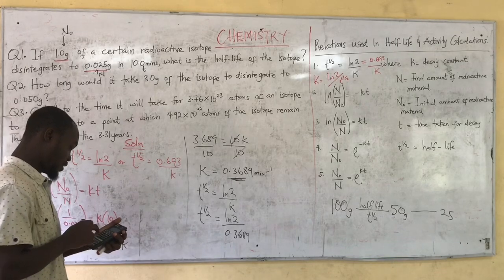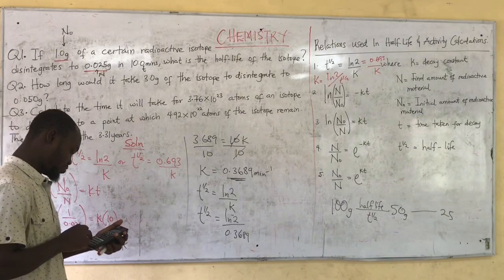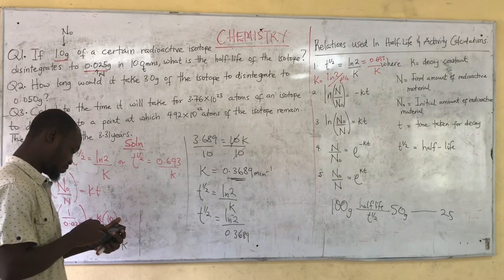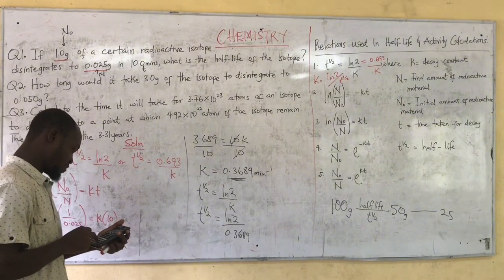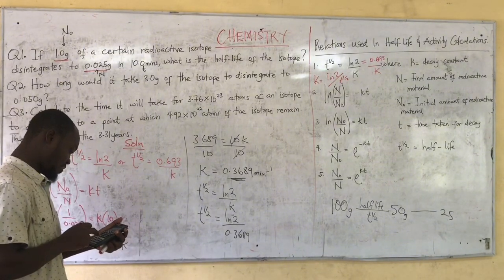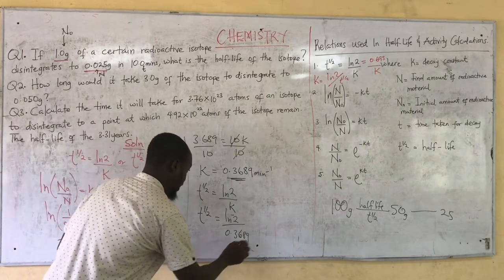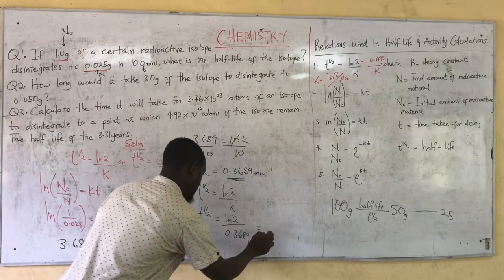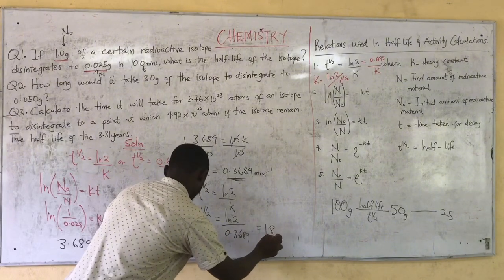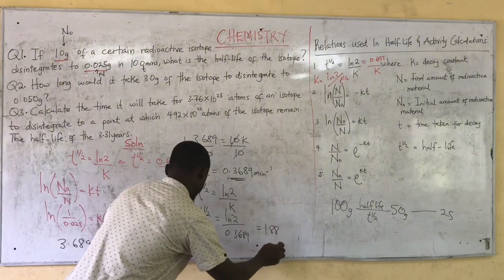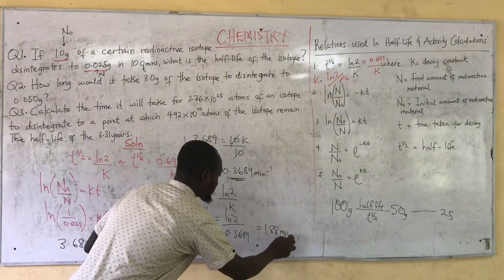We have ln 2 divided by 0.3689. And that is equal to 1.88 minutes.